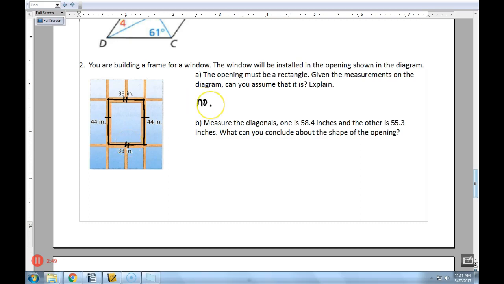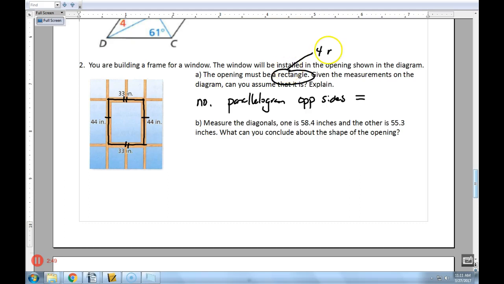The only thing I know right now is it must be a parallelogram, because it's got opposite sides equal. But to be a rectangle, I need to know a little bit more. To be a rectangle, I have to have 90 degrees.